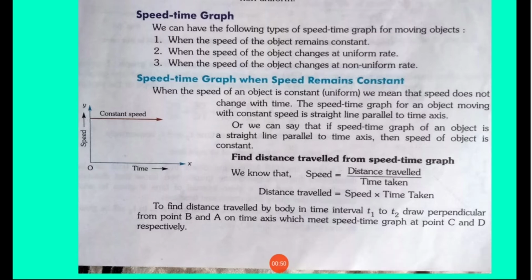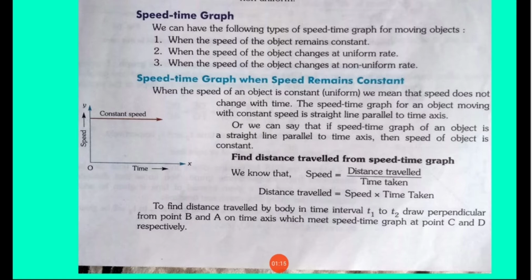So in the first case, when the speed time graph is plotted for an object whose speed is constant. When the speed of an object is constant or uniform, we know that the speed does not change with time. Then the graph for such a moving object will be a straight line which is parallel to the time axis or the x-axis.